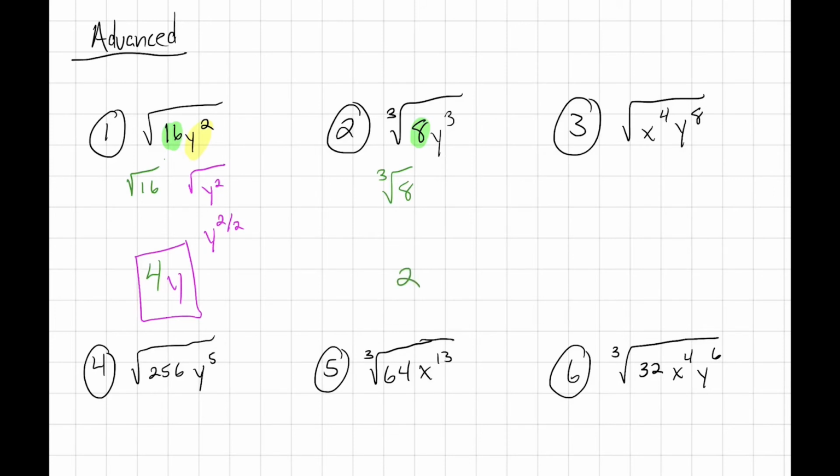And then I can move on to my variables and exponents. At this point, I have the cubed root of y to the third power. I know that the cubed root of y to the third power can be written as y to the 3 over 3, and I know that 3 divided by 3 is 1. So my final answer for problem number 2 is 2y.